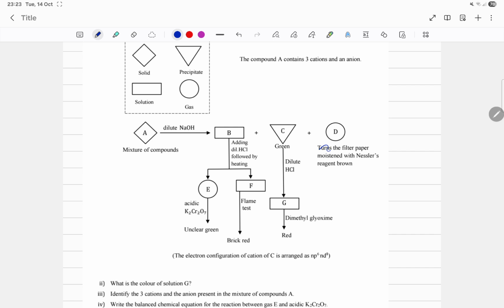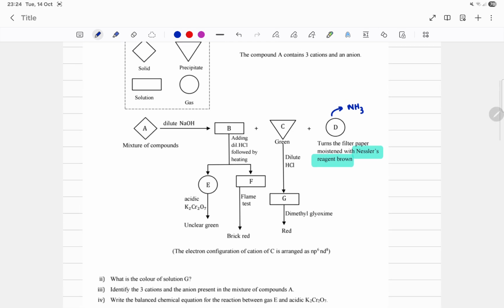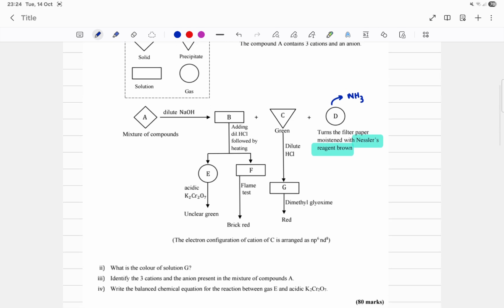For example, identify what compound turns filter paper moistened with Nessler's reagent brown. You know that Nessler's reagent brown is turned by ammonia. From inorganic, that is basic knowledge. Only ammonia turns Nessler's reagent brown. That is a characteristic.